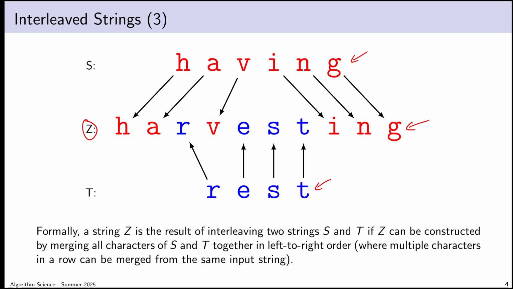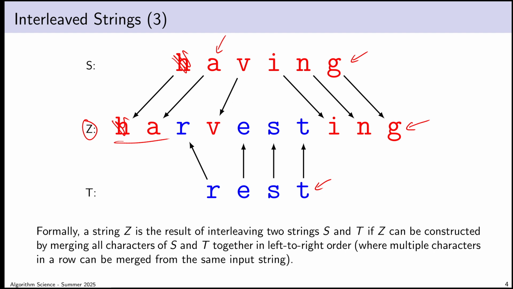There's no requirement that they be interleaved one to one, so I can use multiple characters from the same sequence in a row if I want to, but I'm not allowed to use a character twice. So once I've used this H, it's gone. That means the next character I use from this string has to be the A. And I'm required to use every single character in both S and T.